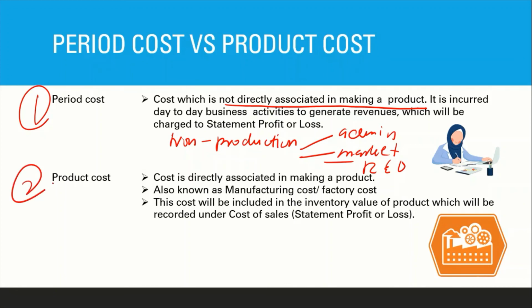The second one is product cost, which is directly associated with making a product, also known as manufacturing costs or factory costs. This cost will be included in the inventory value of a product, which will be recorded under the cost of sales in the profit or loss statement. In other words, it is production cost.